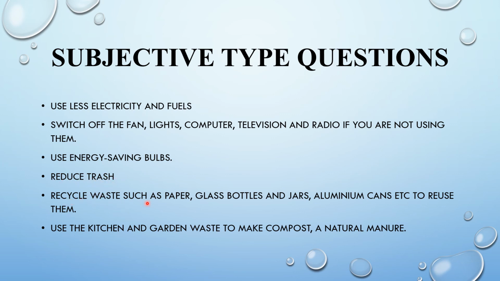Recycle waste such as paper, glass bottles and jars, aluminum cans, etc. to reuse them. Use the kitchen and garden waste to make compost or natural manure. So this way children, we can conserve our environment.